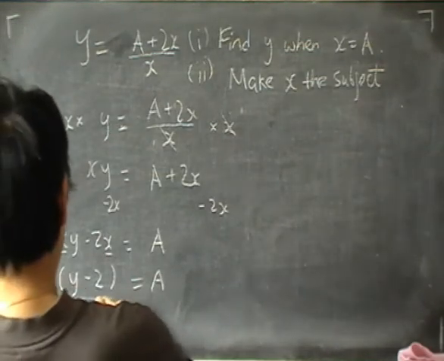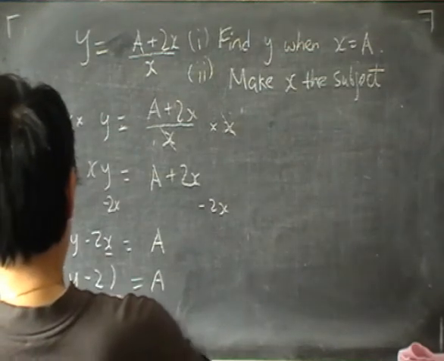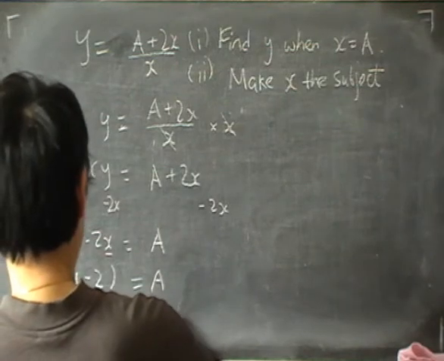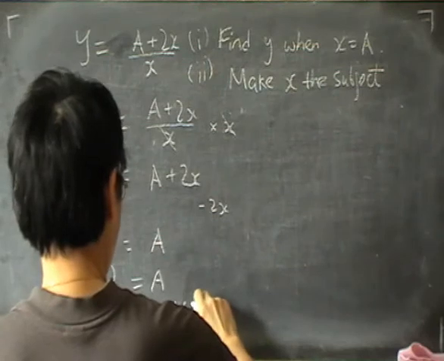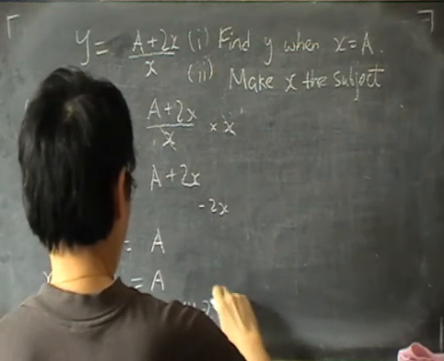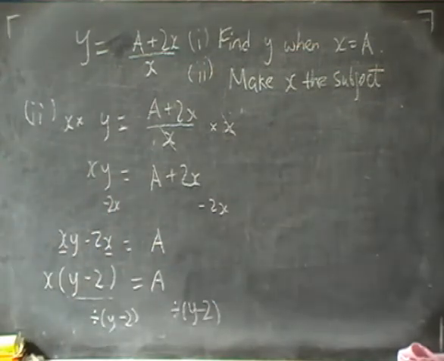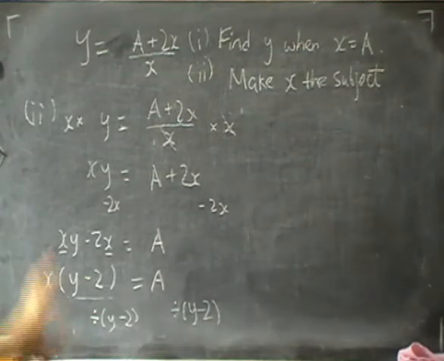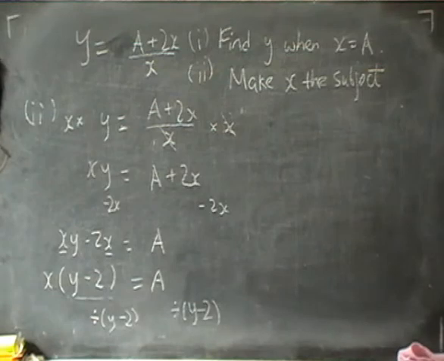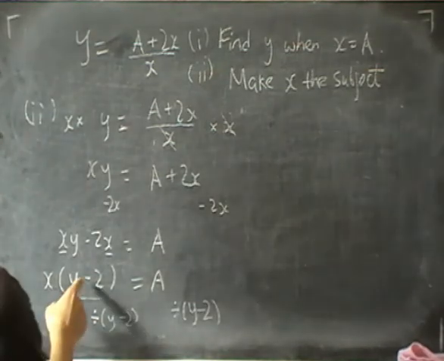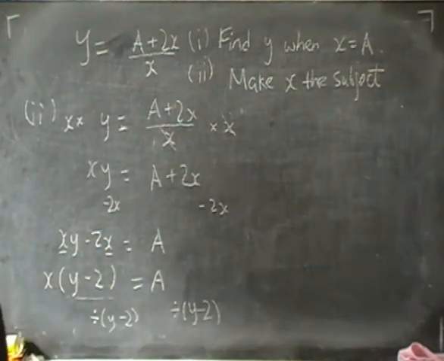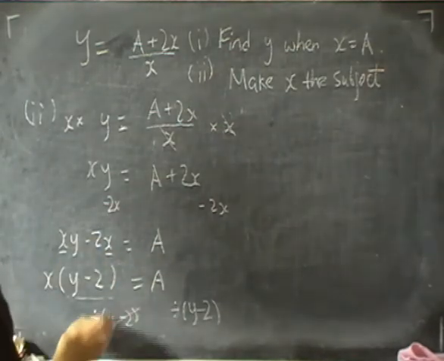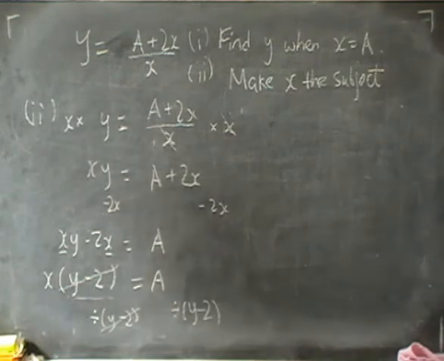So I would divide by y minus 2. Now remember, when we divide by y minus 2, always remember that the bracket is a number, so this number and this number cancel.